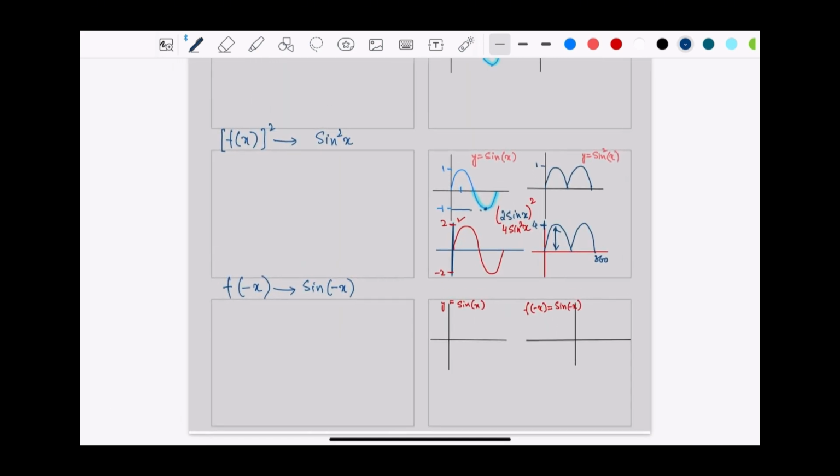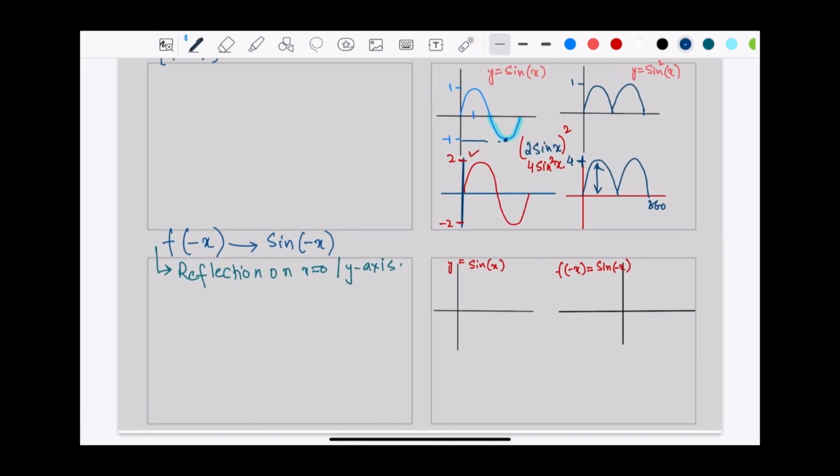Now one last thing on the agenda is f of negative x. Remember that f of negative x represents a reflection on x equals 0, or the y-axis. So let's draw the sine function here.